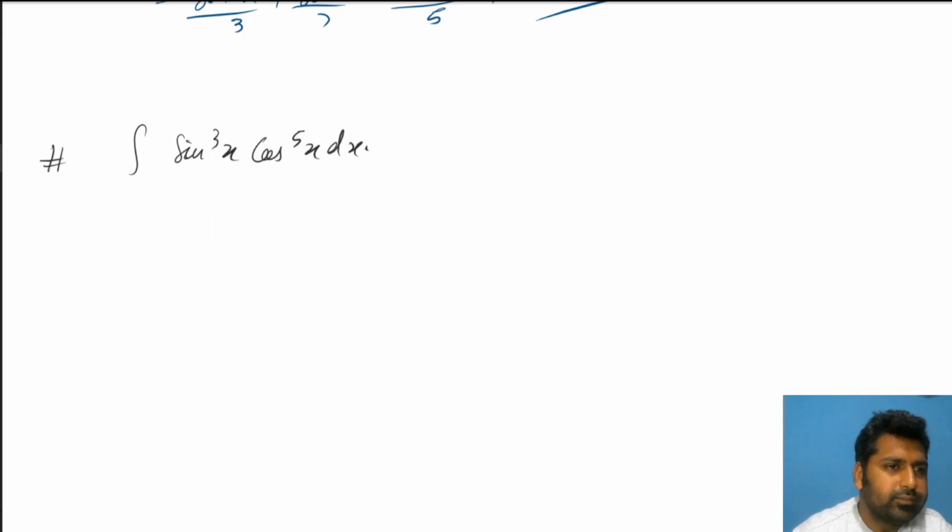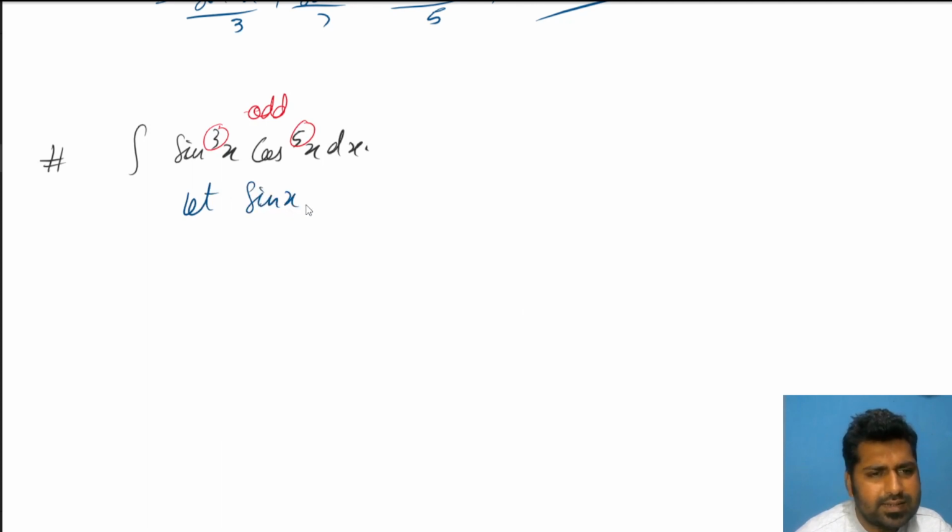Both odd. What I told you, if both are odd, take anything as sine, take anything as t. I prefer sine x as t. You are taught also sine first, then you are taught cos. So take sine as t. Because the reason I'm taking this, because it doesn't generate negative sign, so we don't have to worry about that. So cos x dx is dt.